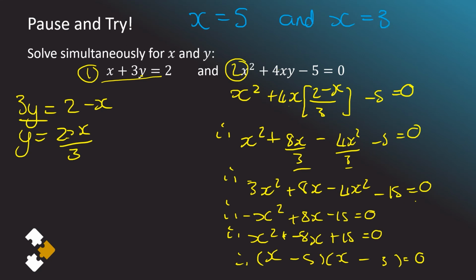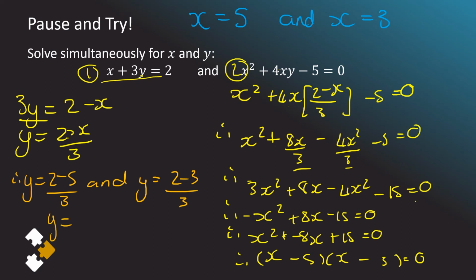Let's solve for y by plugging in our x values into equation 1. y is equal to (2 minus x) over 3. Therefore, y is equal to (2 minus 5) over 3, and y is equal to (2 minus 3) over 3. In the first equation, 2 minus 5 is going to be negative 3 over 3.